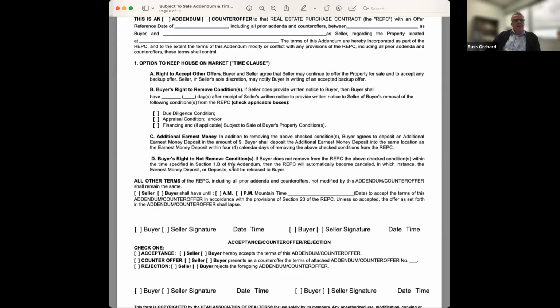But the key piece on this, whether you're on the buy side or the seller side, of that financing, is ultimately, are you still going to be able to perform if the property doesn't sell? If you're on the sell side for sure, you want to know, can they really perform? That's why I love the idea of the additional earnest money, is have them put their money where their mouth is.